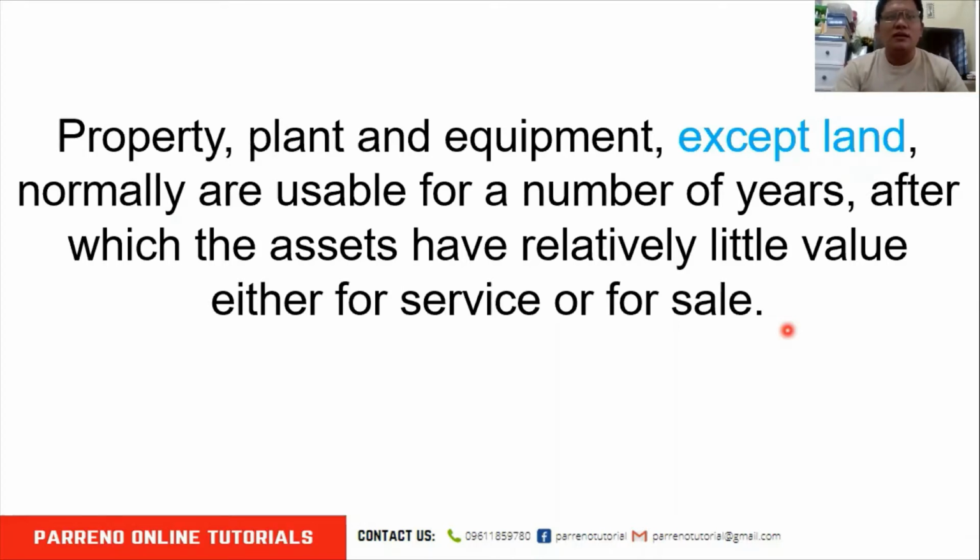So all of these assets, especially property, plant, and equipment, except land, have a time limit. Normally, these are usable for a number of years, after which they have relatively little value for service or sale, or if not, zero.